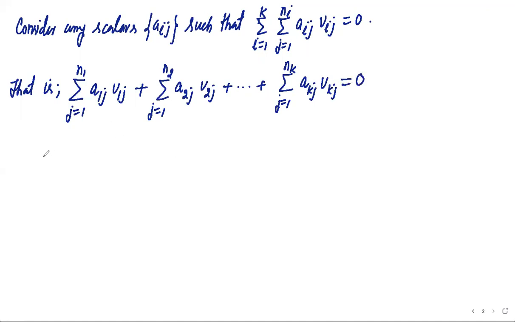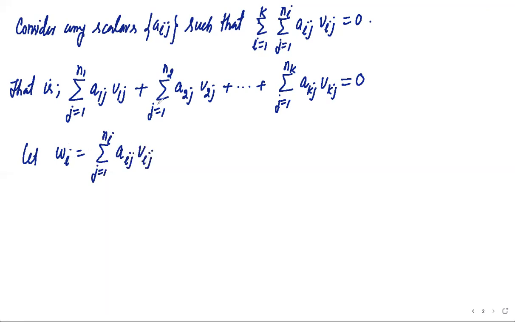Now this sum can be written as, so let wi be the ith term in this sum. So let wi is equal to summation j from 1 to ni aij vij.